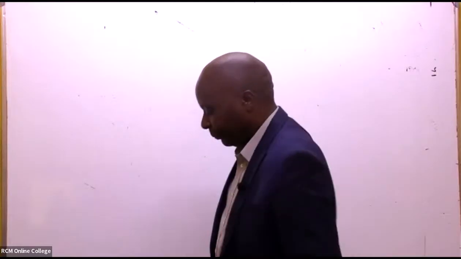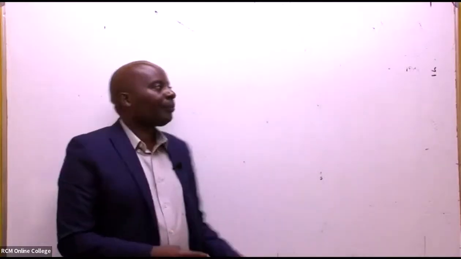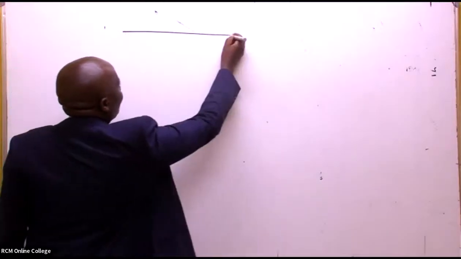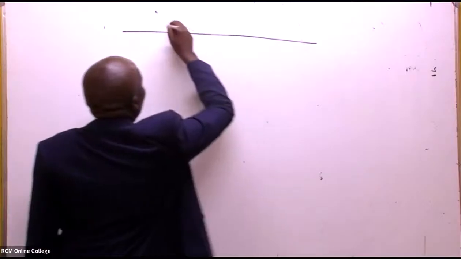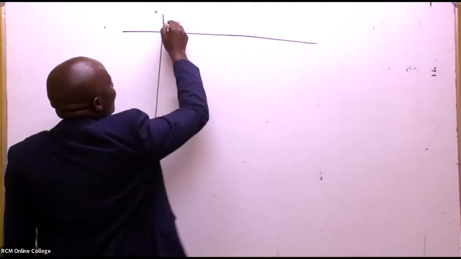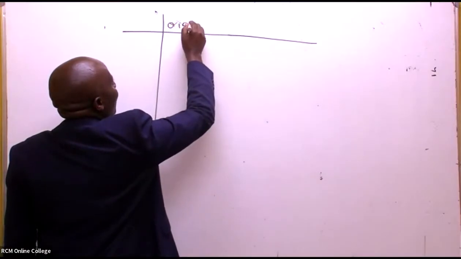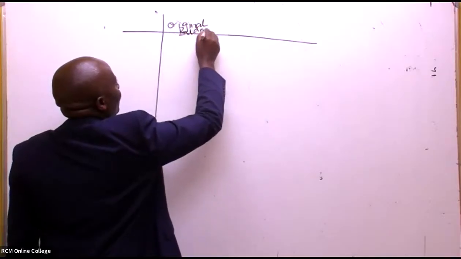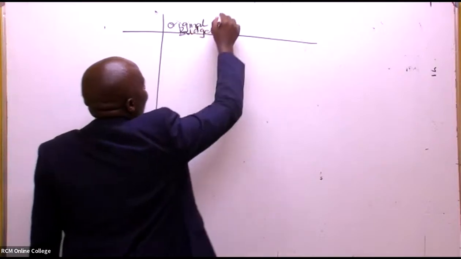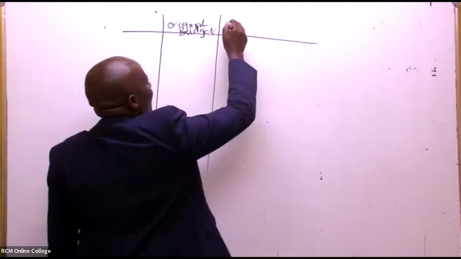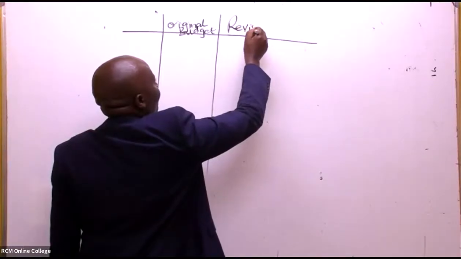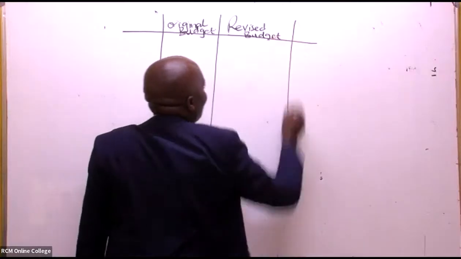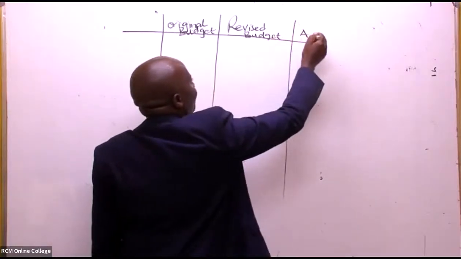So we have here the items. Remember, we shall have the original budget here, we shall have revised budget, and then we shall have the actual.